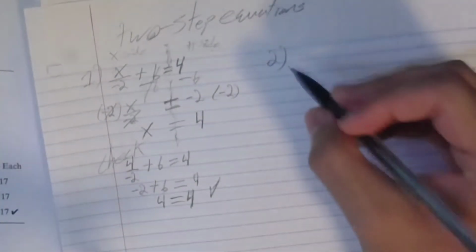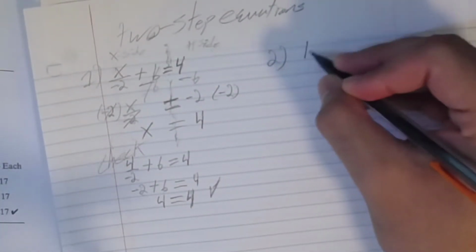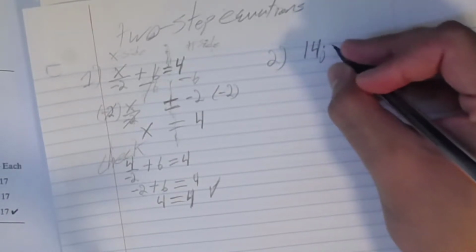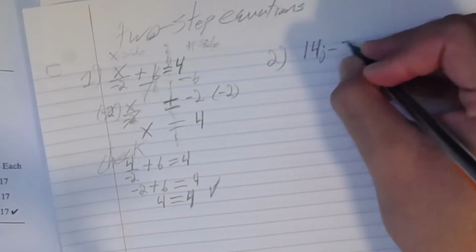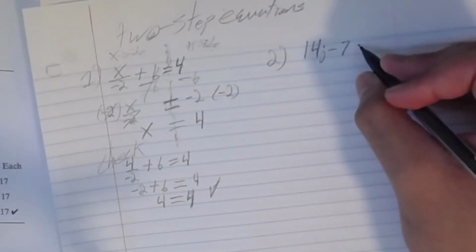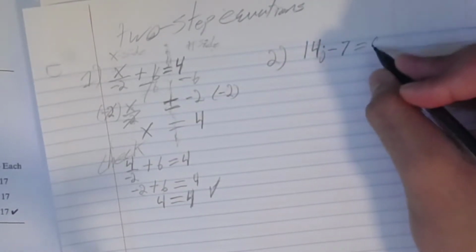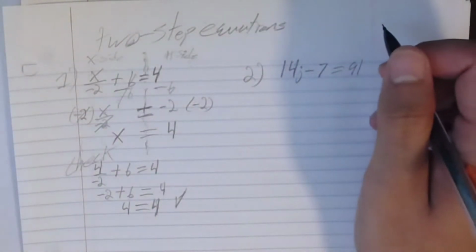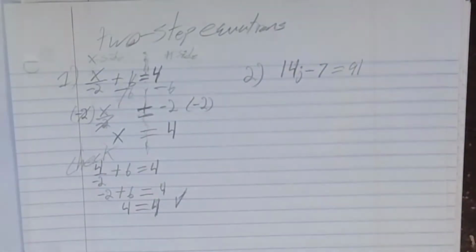Let's do number 2. We have 14j minus 7 equals 91. Same thing. Okay, well, what are we doing? We're trying to solve for the variable. In this case, our variable is j.